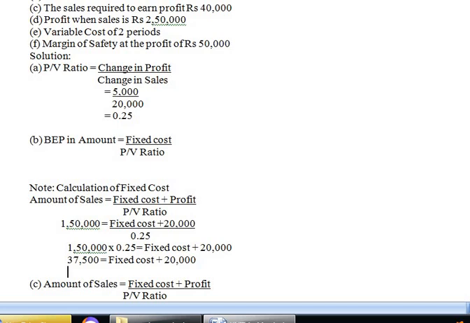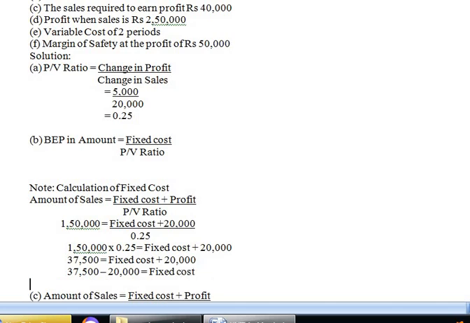Now 37,500, this is plus 20,000. When we take it this side, it becomes minus 20,000. That is equal to fixed cost. Okay.